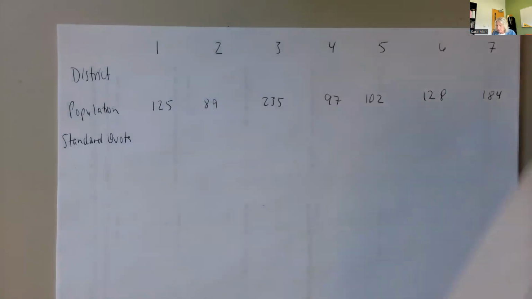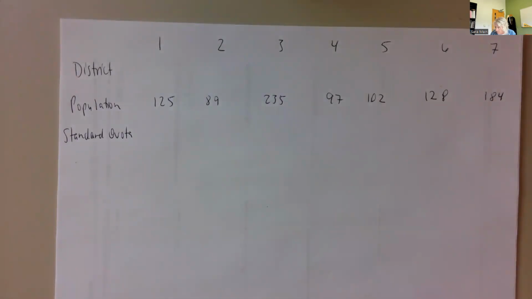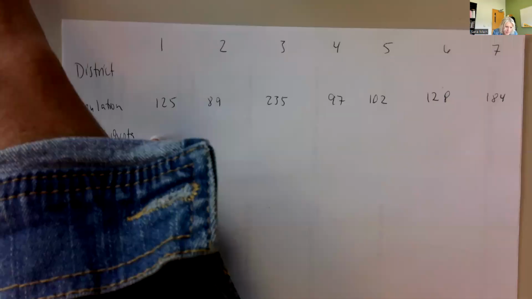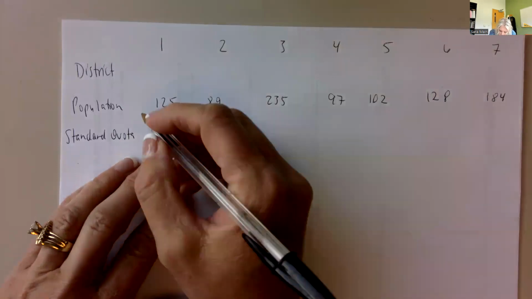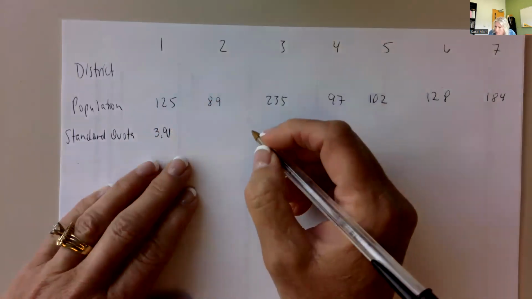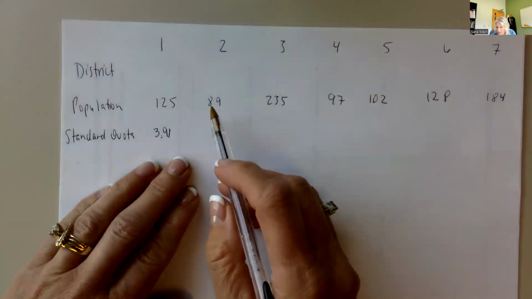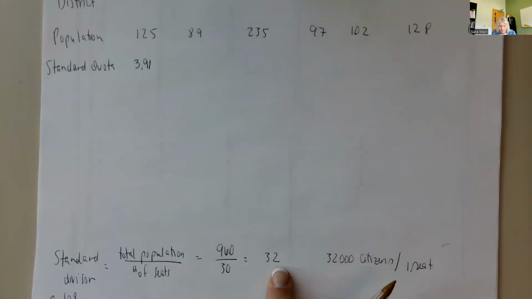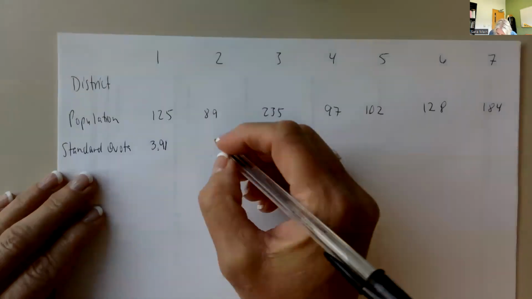Standard quota is found by taking the population of each district and dividing by the standard divisor. So if we take 125,000 and divide by the 32, we will get 3.91 if we round appropriately to 2 decimal places. For the next one, we take 89 divided by 32, the standard divisor we calculated, and we get 2.78.